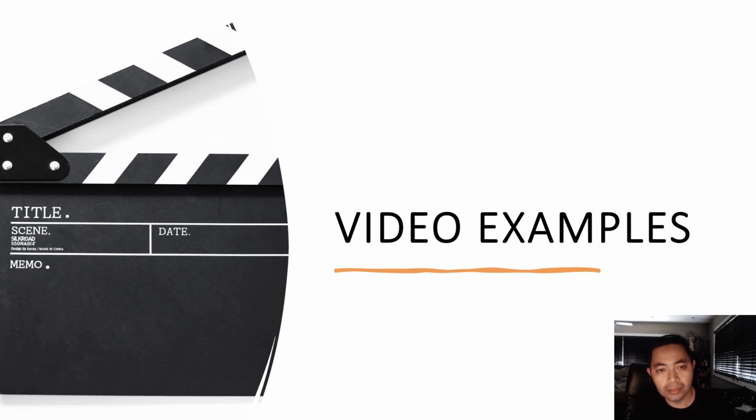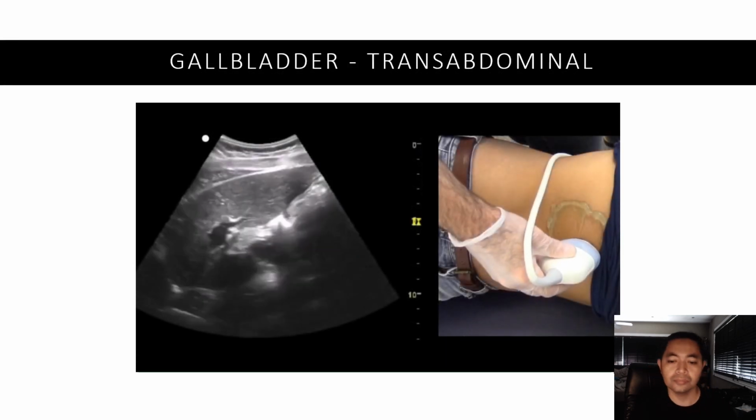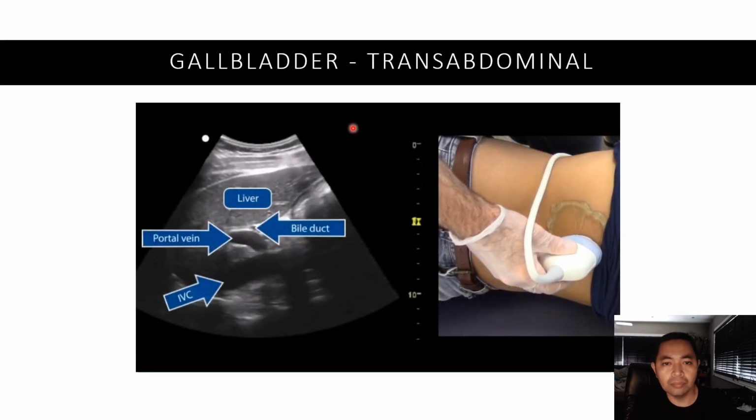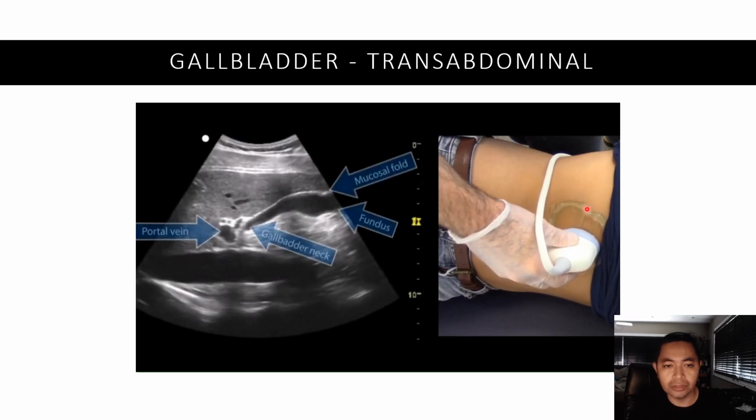The following slides are some video examples. To image the gallbladder using the transabdominal approach, place the probe oriented in the parasagittal plane below the subcostal margin, and the gallbladder can be readily identified.